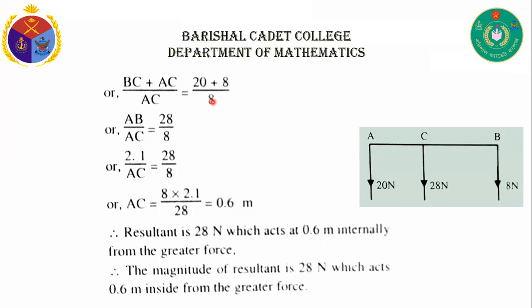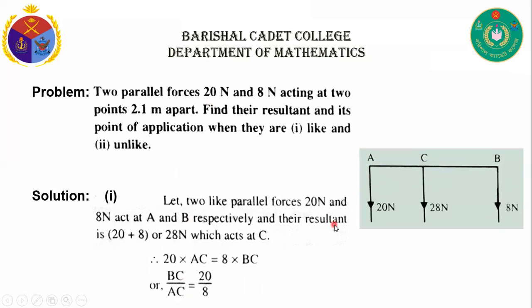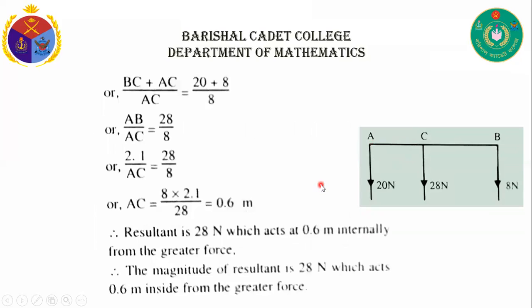Always we find the ratio BC divided by AC, like one force divided by another, one distance divided by another distance. And then always we take componendo.